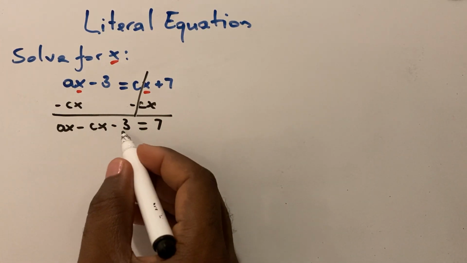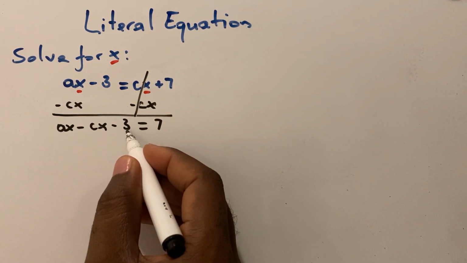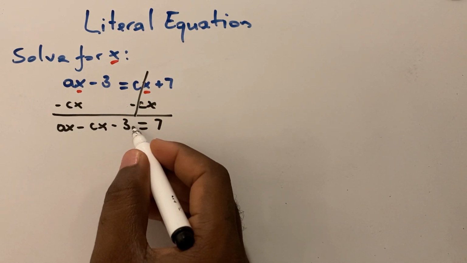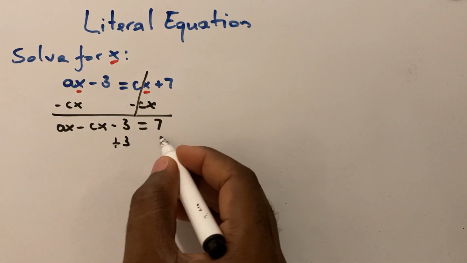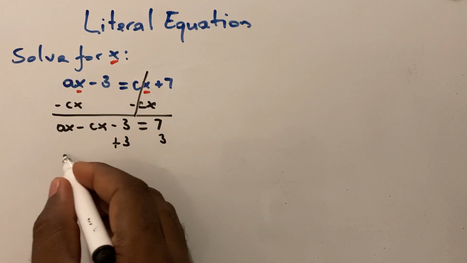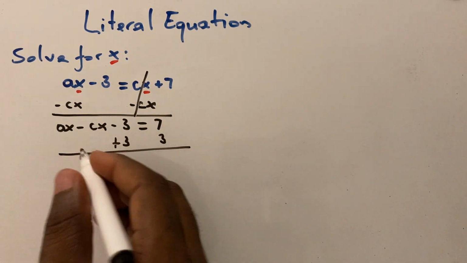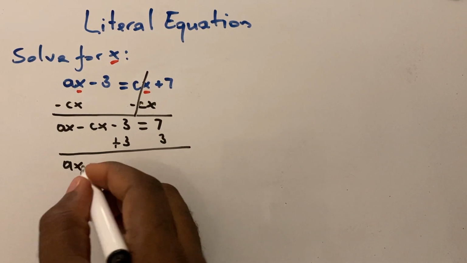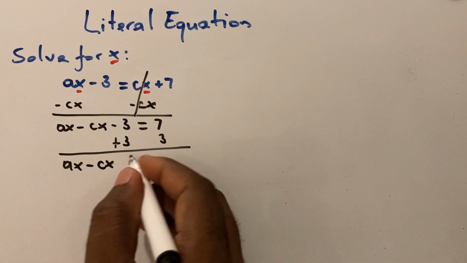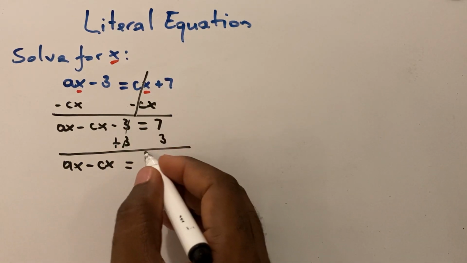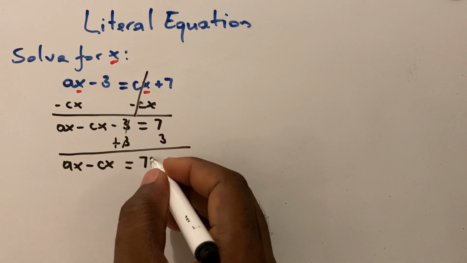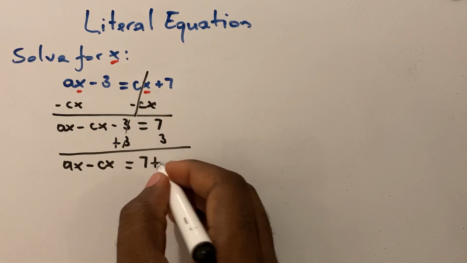Now I don't need the 3 here because there's no x with it, so I need to add 3 to both sides to move it over to the other side. Then I'll have ax minus cx equals 10, right? 7 plus 3.